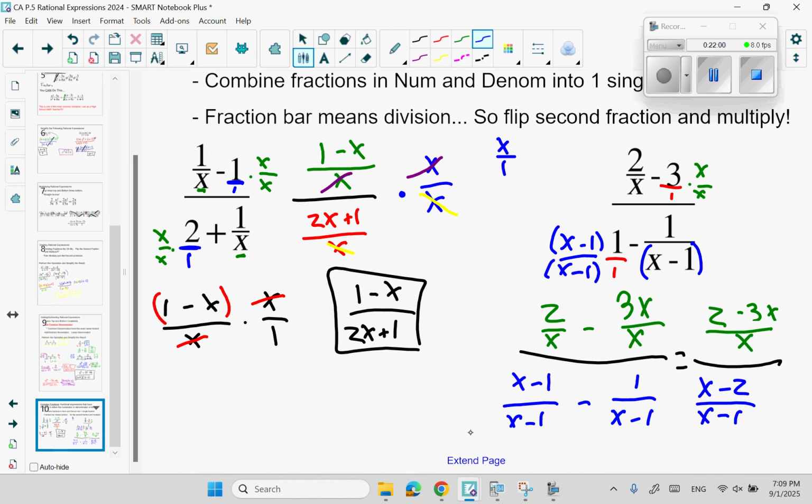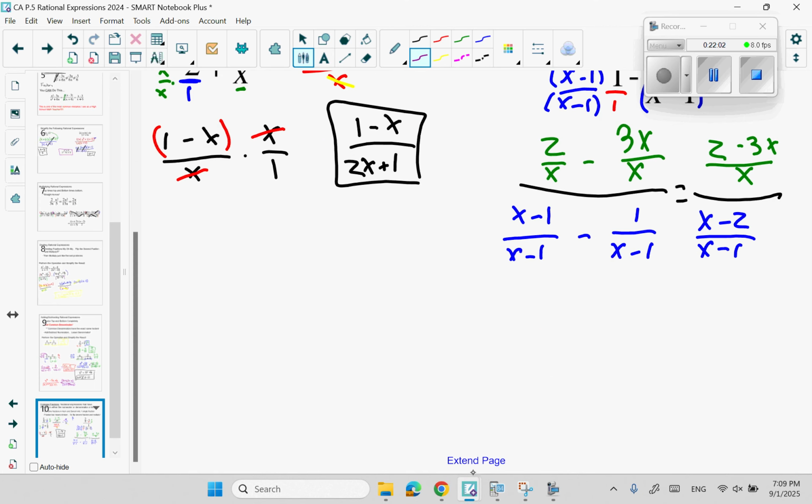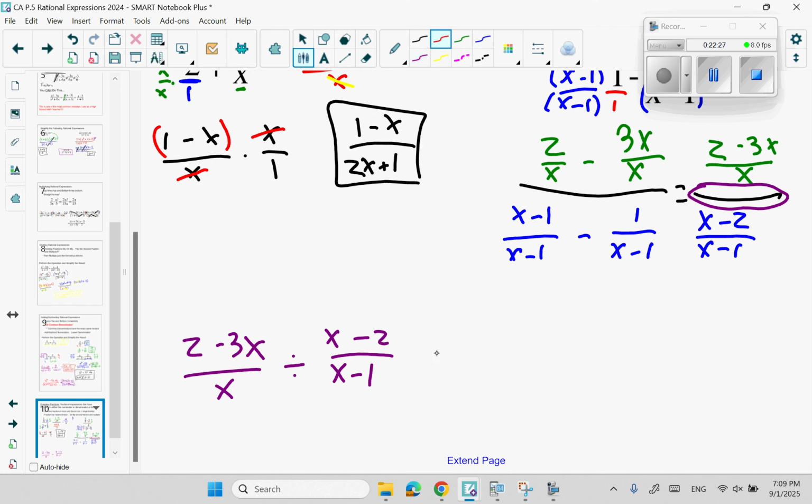Here, I just have to recall, conceptually speaking, that this entire fraction bar just means fraction or division process. So this whole thing can be rewritten as 2 minus 3x over x divided by x minus 2 over x minus 1. And again, remember that I can divide fractions by keeping the first one the same.